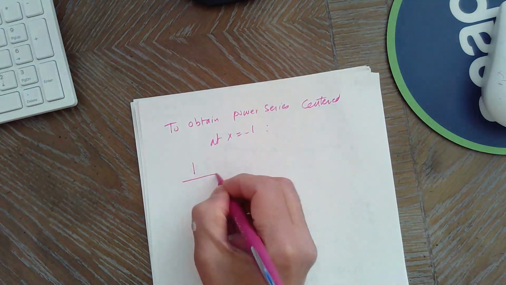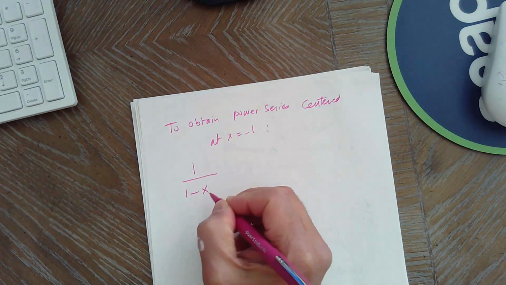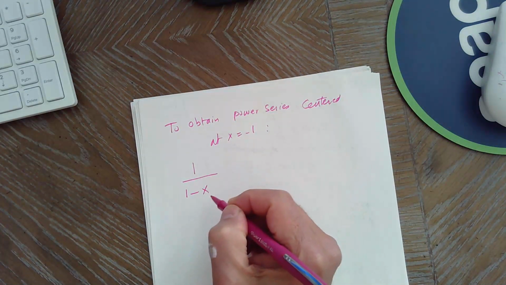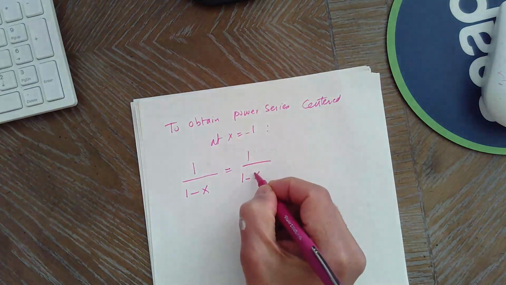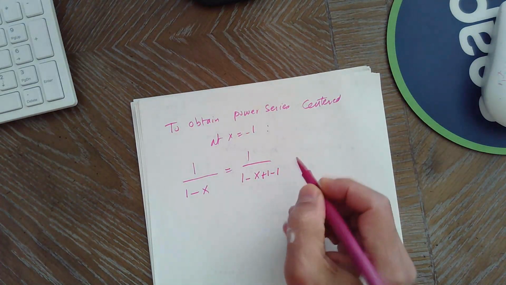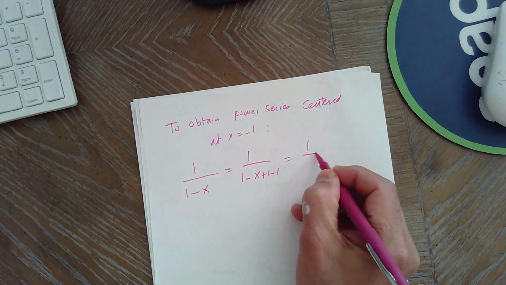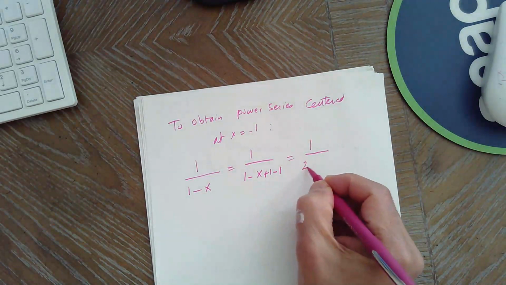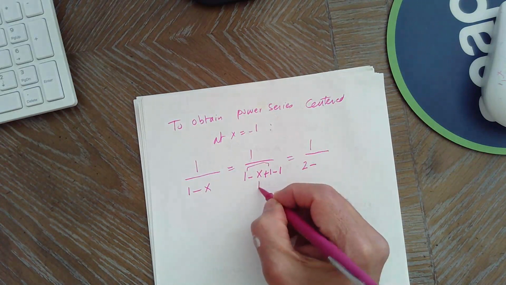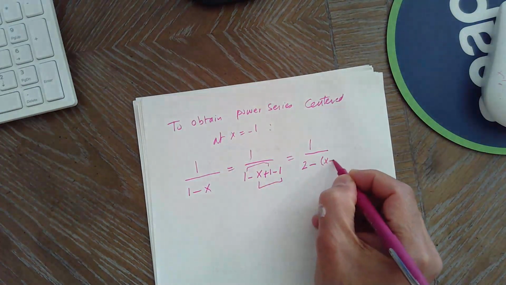Instead of 1 over 1 minus x, you want to use x plus 1, so we're going to write this as 1 over 1 minus x plus 1 minus 1, which would be 1 over 1 plus 1, which is 2, minus (x plus 1), when we group these together.